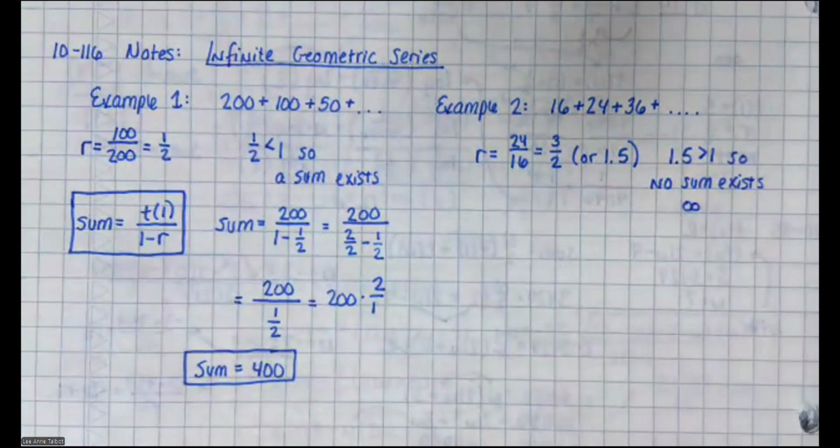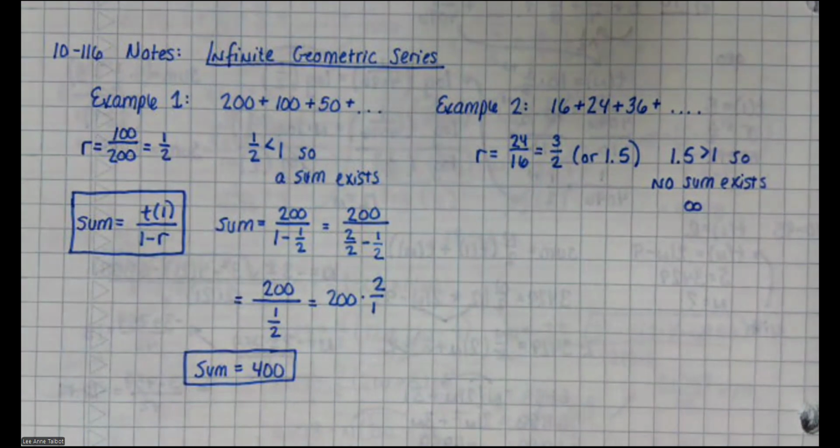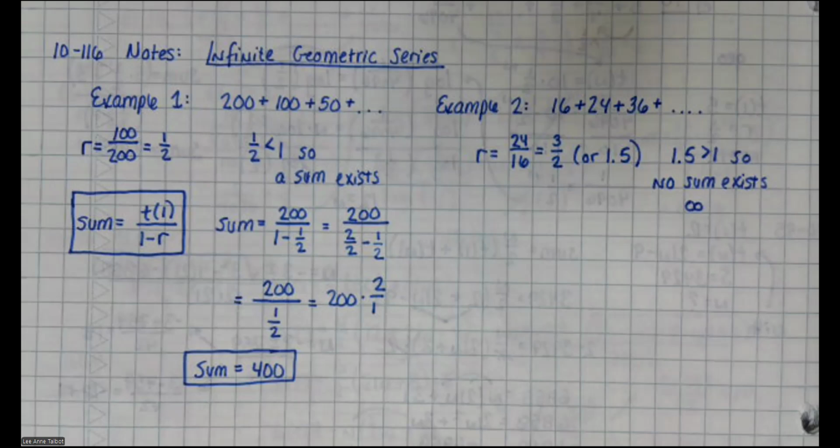This one is going to add to infinity. And this one is a no solution type problem. You just drop the pencil and end there. Don't do the sum formula. No sum exists. It's great.